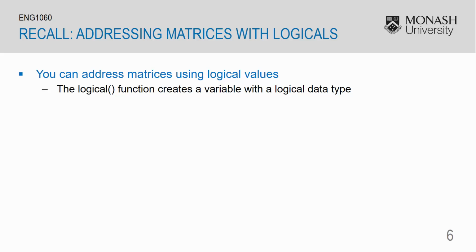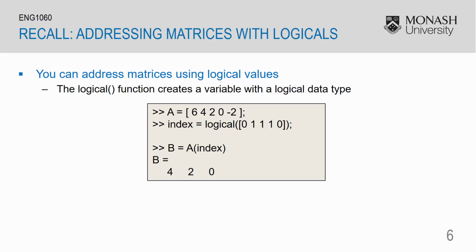Recall that you can address matrices using logical values, and that the logical function creates a variable with the logical data type. As an example, we have A is equal to 6, 4, 2, 0, negative 2. We can then create an index using the logical function, which will contain zeros and ones.